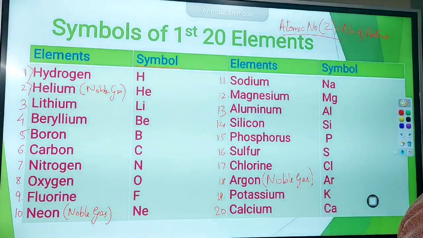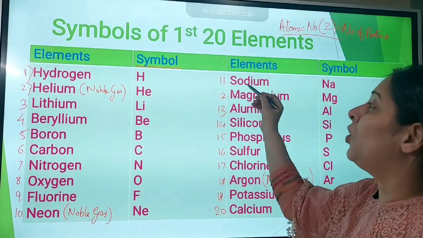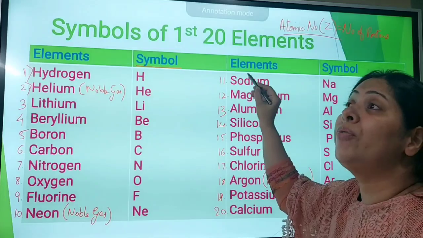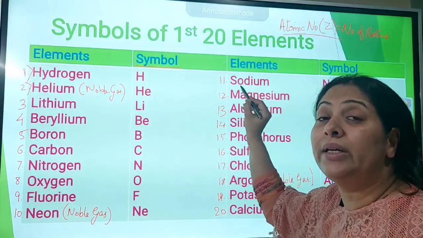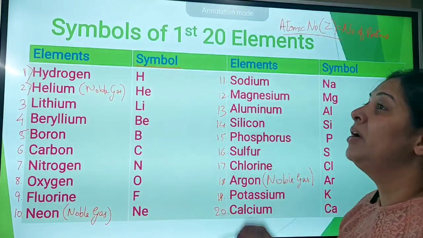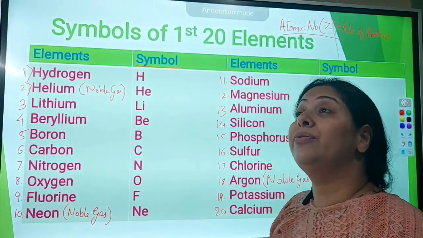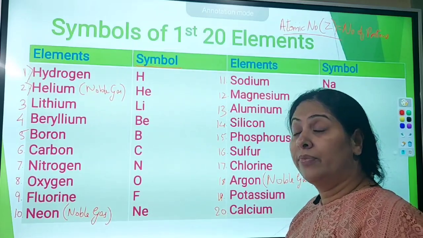Sodium is Na. Simply because there may be a lot of elements starting with the letter S, and it can get very, very confusing. So these elements have different names in different languages.